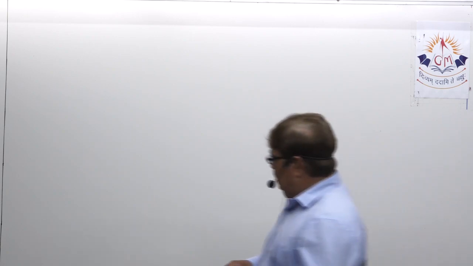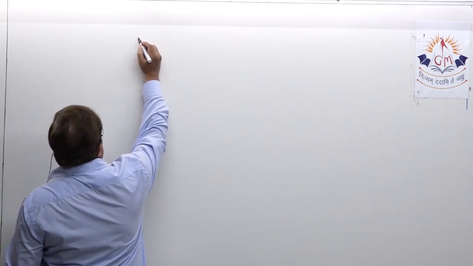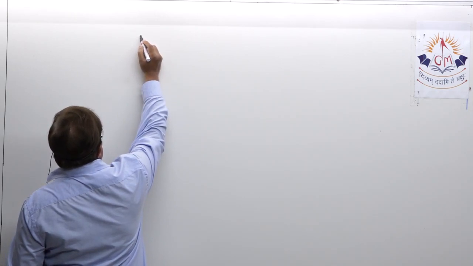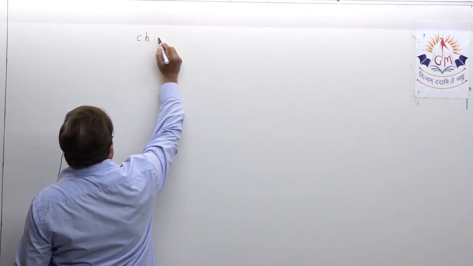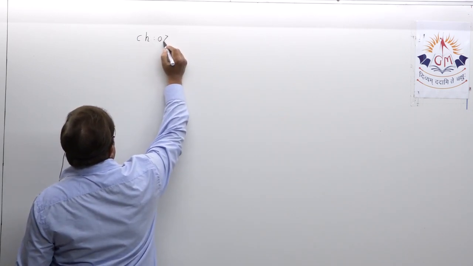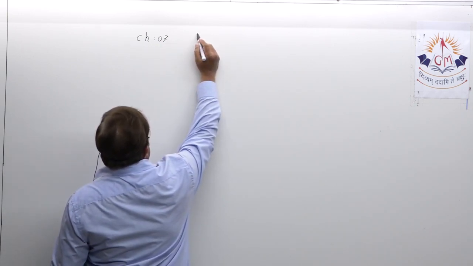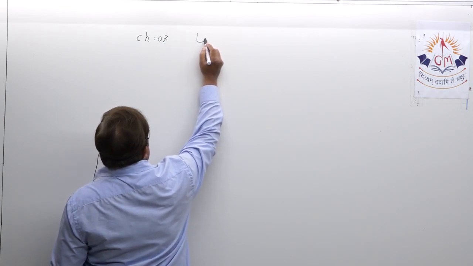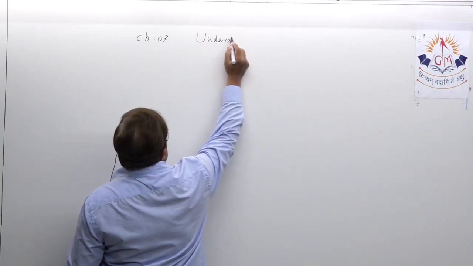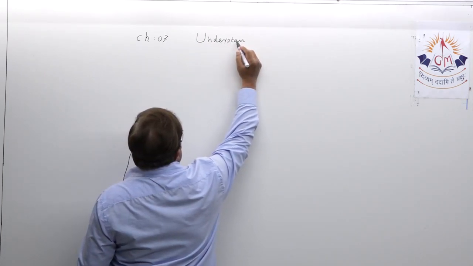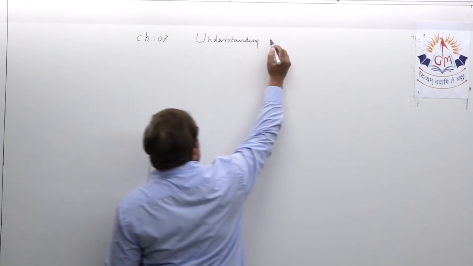Let us first write the title of the chapter. The chapter is chapter 7, and the title of the chapter is understanding shapes.